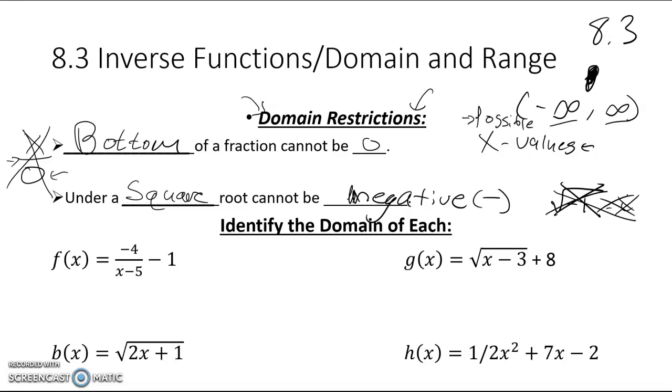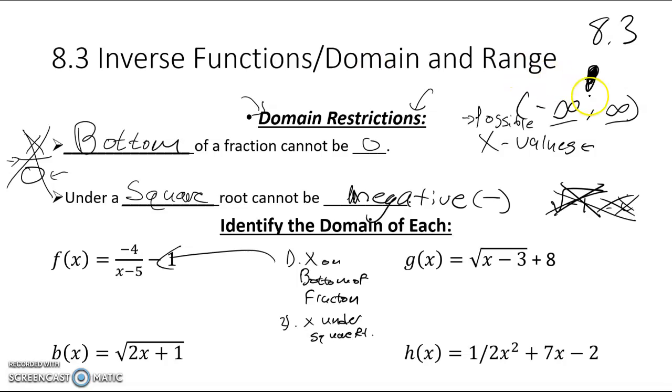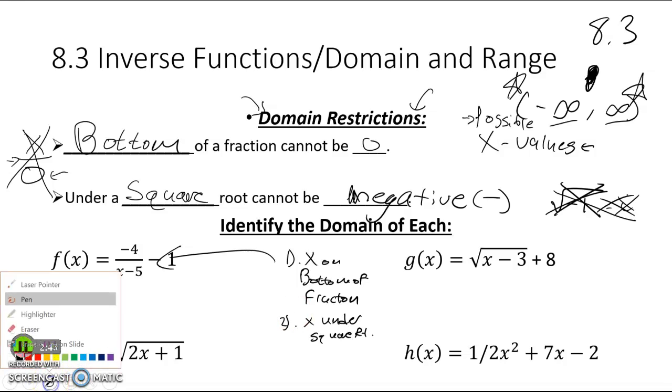So I'm looking for two things here: either x on the bottom of a fraction, just like this one, or x under a square root. If I don't have those two things, then my domain is still negative infinity to infinity, which is basically unlimited.